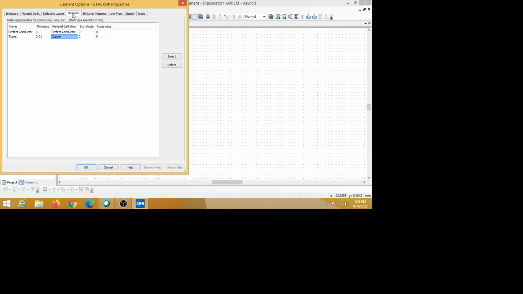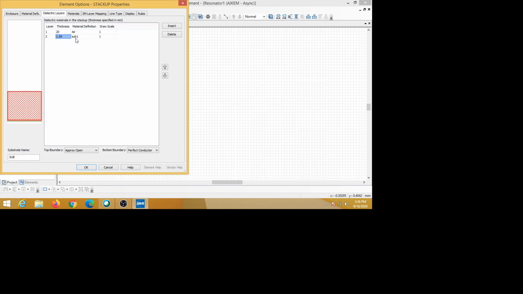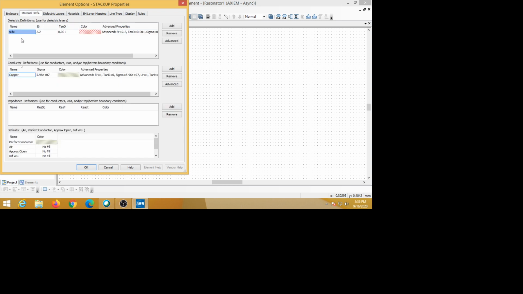Here the copper thickness we provided is 0.01, and the dielectric material thickness is 1.59. Air is also automatically a dielectric above our structure, so we have to retain that air. I have taken 20 mm, and for the material definition we did a substrate definition and conductor definition by providing their parameters.